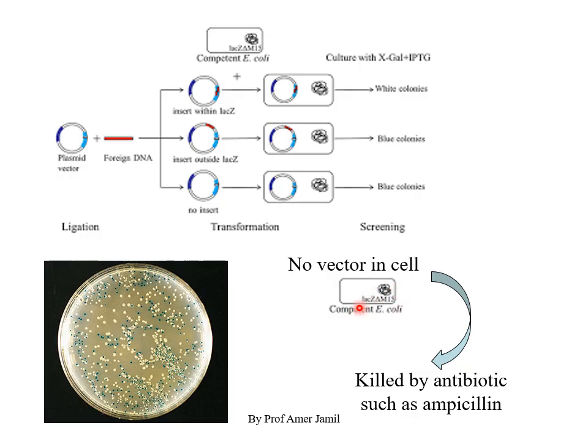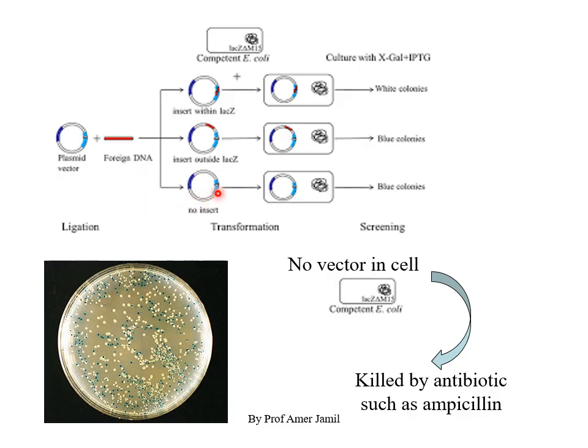Because we have added ampicillin to these plates, all the bacterial cells which do not contain any vector are killed, because there is no antibiotic resistance gene. The antibiotic resistance gene is in the vector. Now we are left with 3 possibilities.